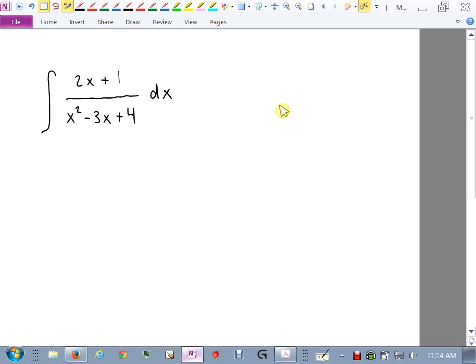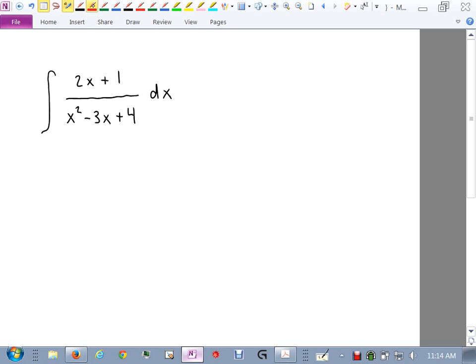Do we have that form where the bottom's quadratic and the top is linear? Yeah, okay, it is quadratic and linear up top. I'd really be happy if the derivative of the bottom was the top. Is it? No, it's not.